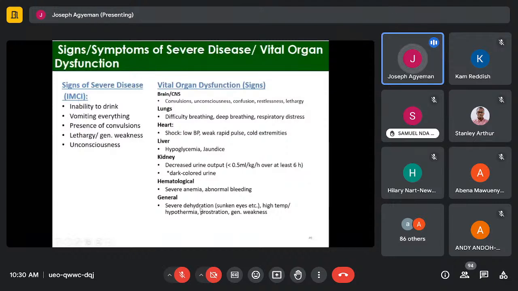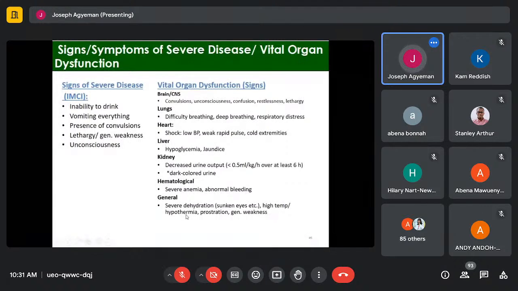Of course, once you have weakness and those things, you will suffer from prostration. You can't do anything. Generally, you are weak. And typical of severe malaria, it comes with hyperpyrexia. But if the inflammatory response becomes excessive, then it could also shift from high body temperature to hypothermia.